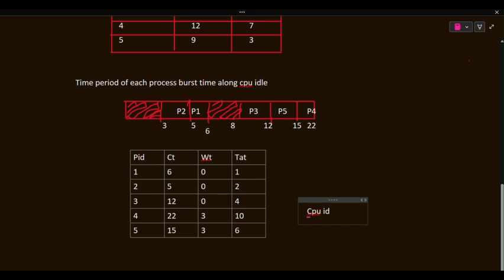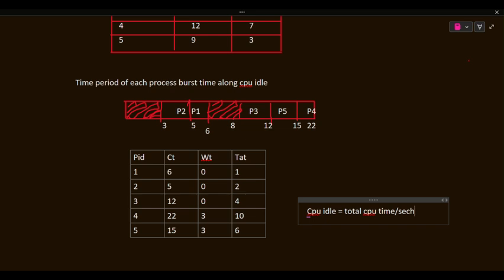Let's calculate the CPU idleness. The formula for the CPU idleness is total CPU idle time divided by schedule length.